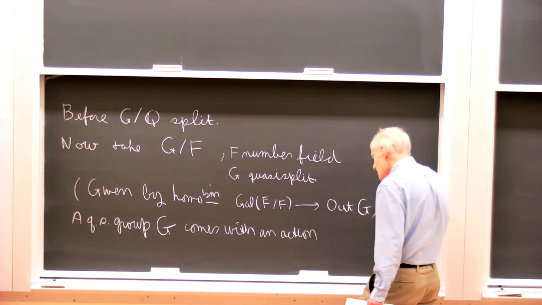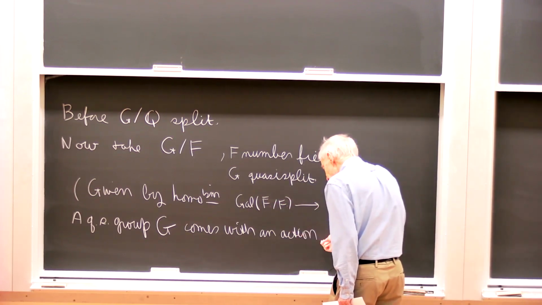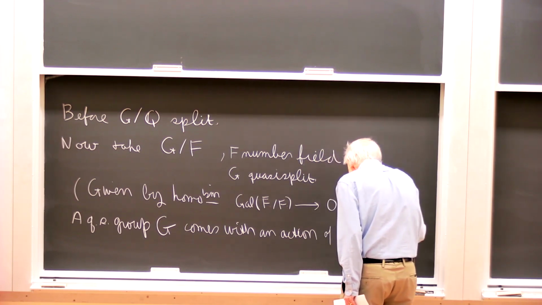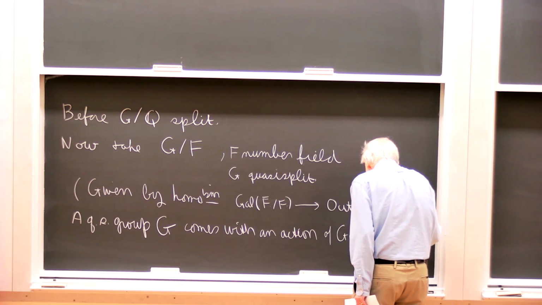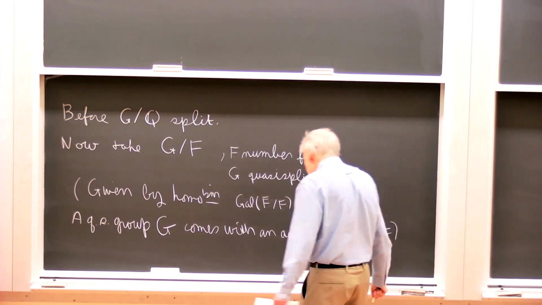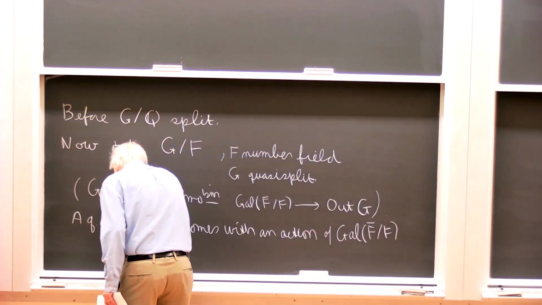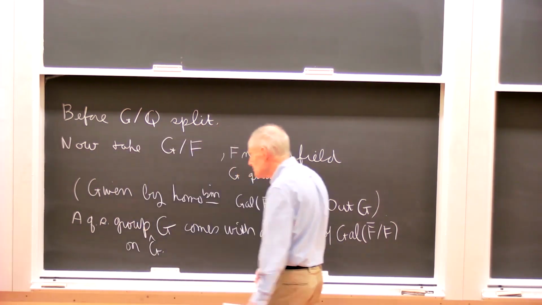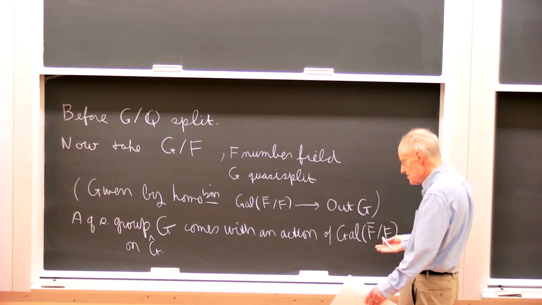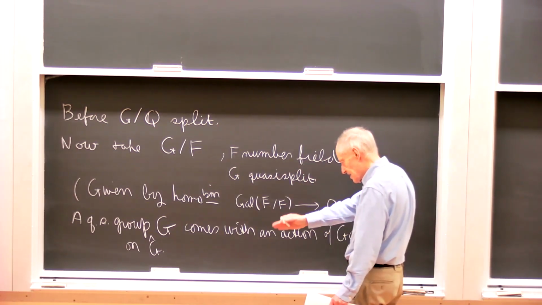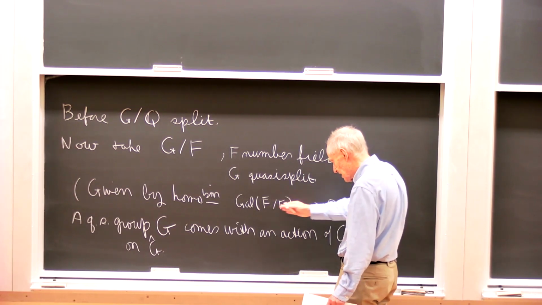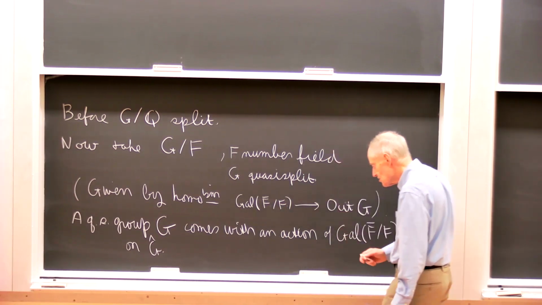So it comes with the similar action of the Galois group of F bar over F on the dual group, and it's given by exactly the same set of data that you have to fix in order to get this action.